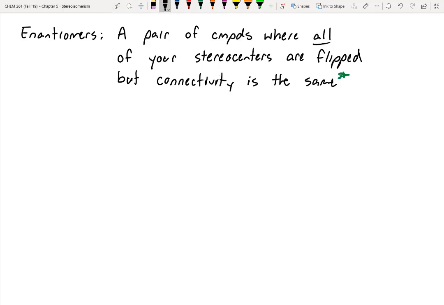All right, next one is diastereomers. You can probably tell by my underline in the example above that it's going to be what? It's going to be a pair of compounds where all of them are flipped?